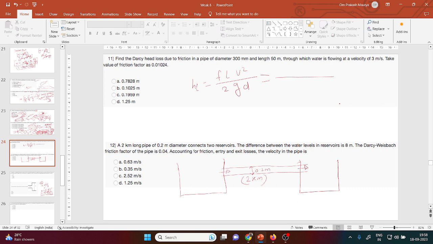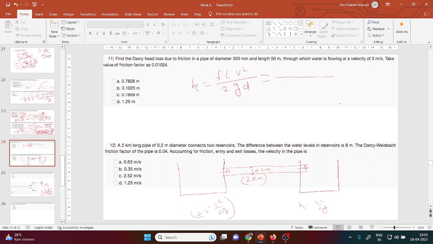So at the exit your loss hL is equal to V square by 2g, and at the entry it is 0.5 V square by 2g. At the entrance you will take 0.5.